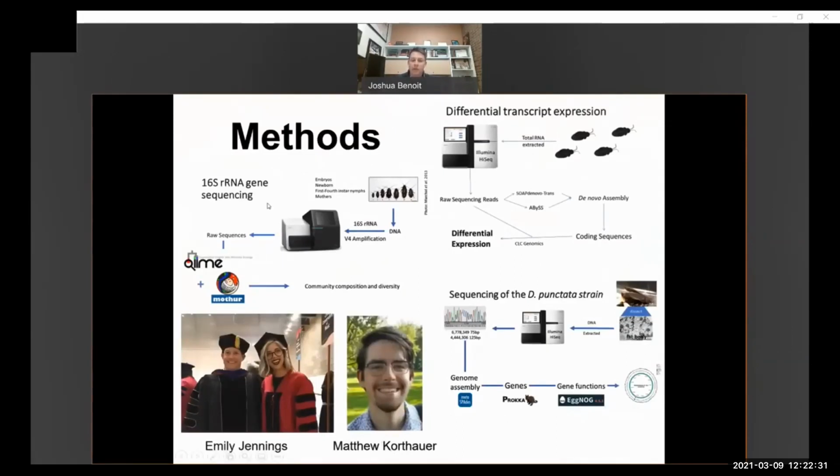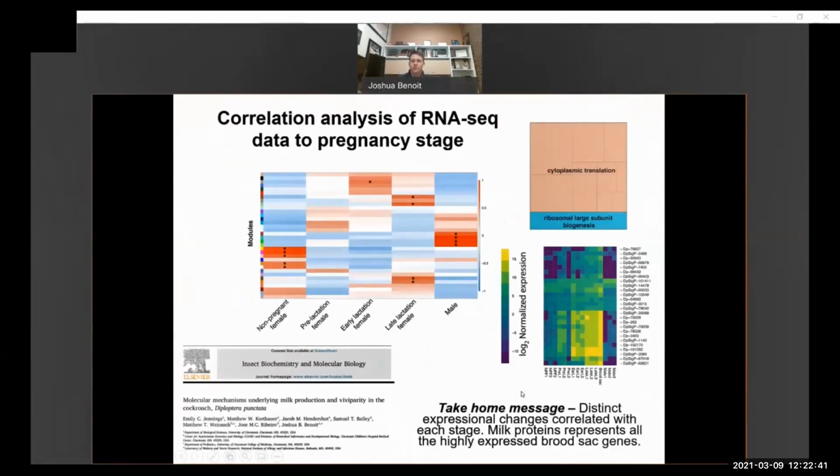So we did microbiome characterization of it, RNA-seq characterization of it, and then also sequenced the bacterial symbiont in this system. And so the first thing that we did is RNA-seq analysis across a pregnancy cycle. We did non-pregnant females, pre-lactation, when there's an embryo in there but they're not producing milk yet, early lactation, late lactation, and compared to males.